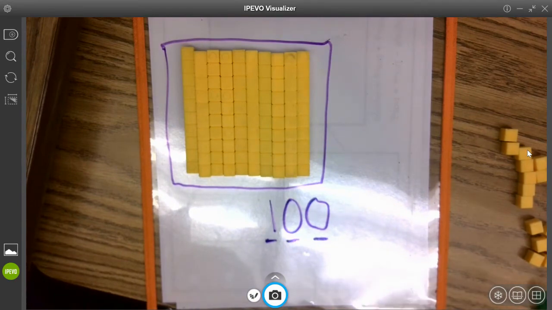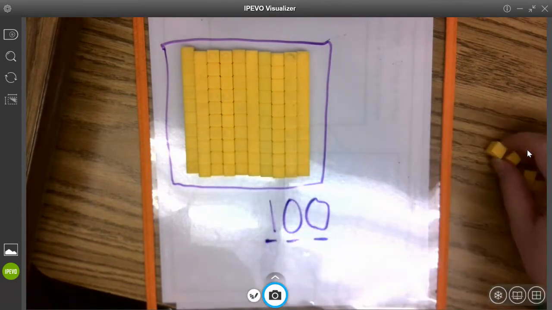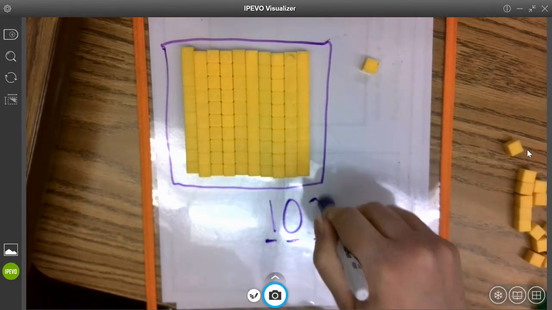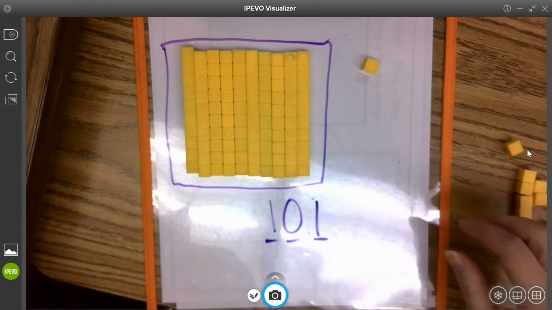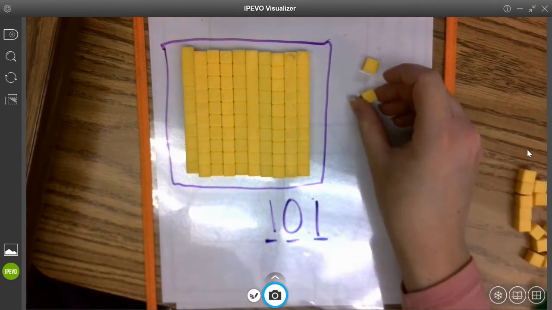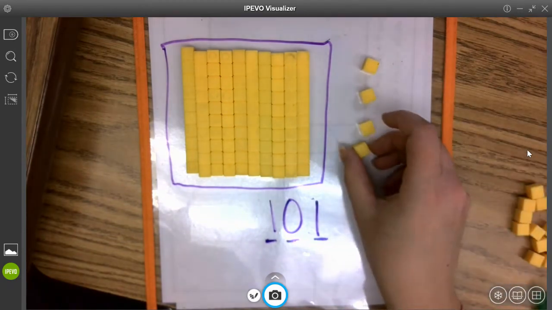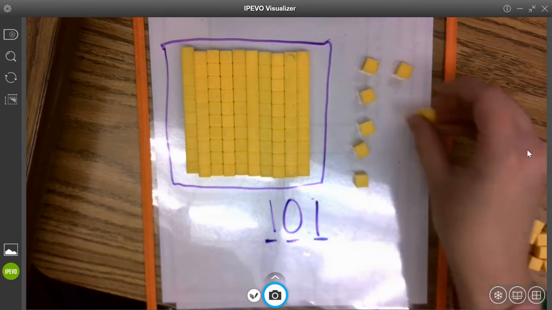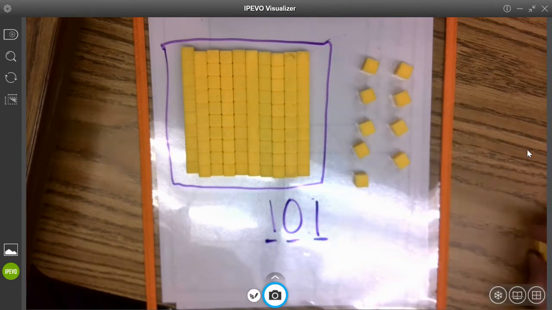Okay, so if I start adding to that, I see 10 tens. If I add one more, I now still have 0 extra tens, but I have 1 extra 1. Okay, I could go on and say 102, 103, 104, 105, 106, 107, 108, 109.